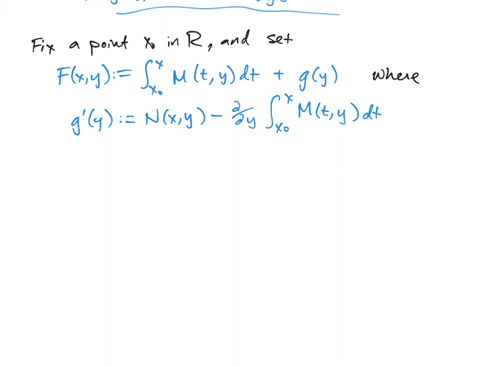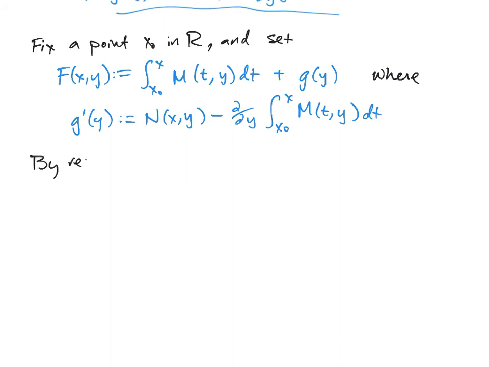So I know that this definition looks weird, but it works. I've defined a function. And if we reverse all the steps that we just did, then that F is the potential function for the equation. Okay.